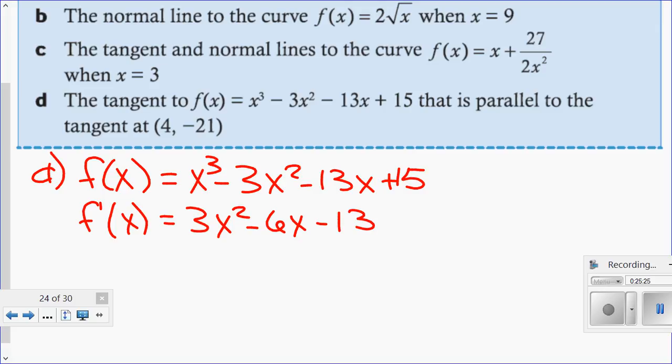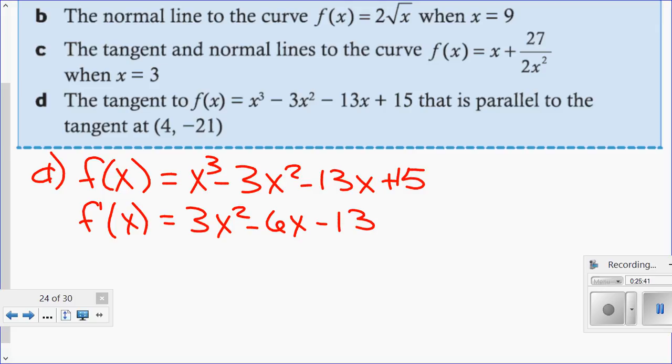All right, so we want to find the slope of the tangent line, right? Going through the point 4, -21. So I have the equation for the slope.